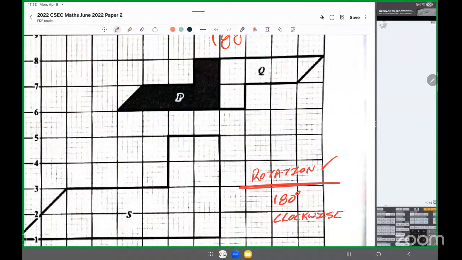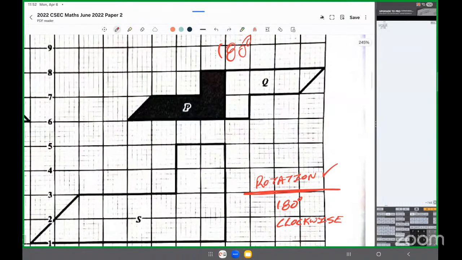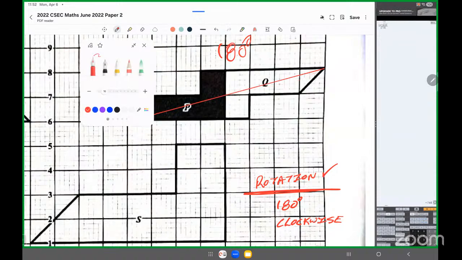The next thing we need to find is the center of the rotation. The center of the rotation is always an invariant point. Also, because this is a 180-degree rotation, it is the same as a reflection through the center point. So if we join these 2 points here and here, like that, then the center of rotation would be here.